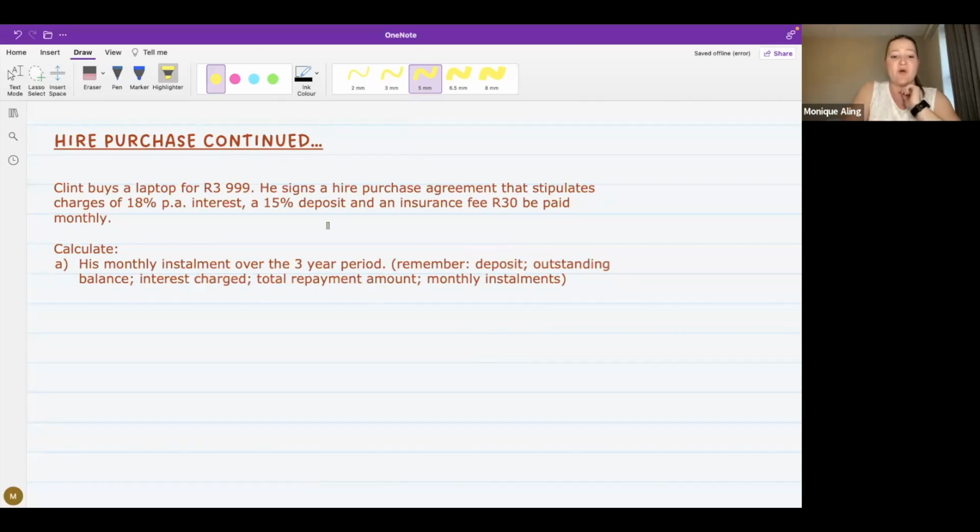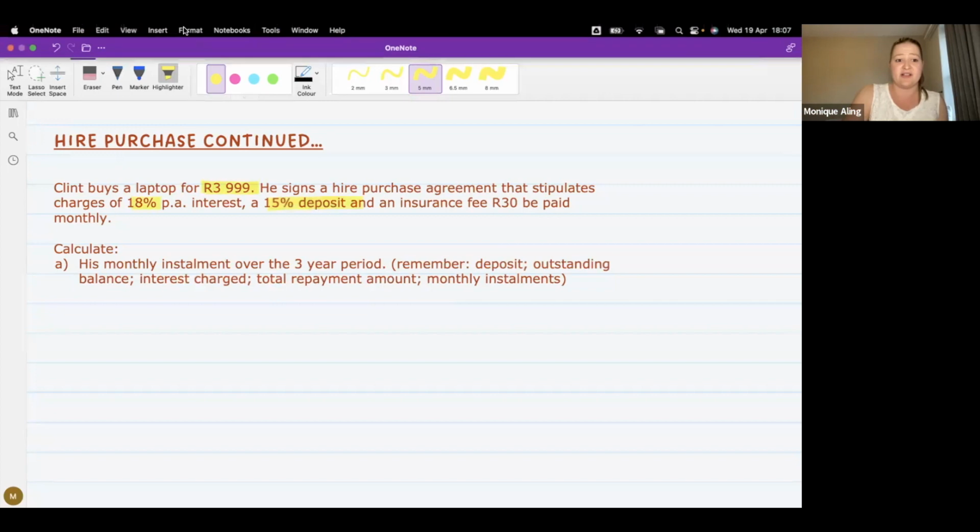So firstly, the important things we need to take note of: how much is this laptop? What is the interest being charged? How much deposit needs to be paid? We did work out the deposit on Monday already.